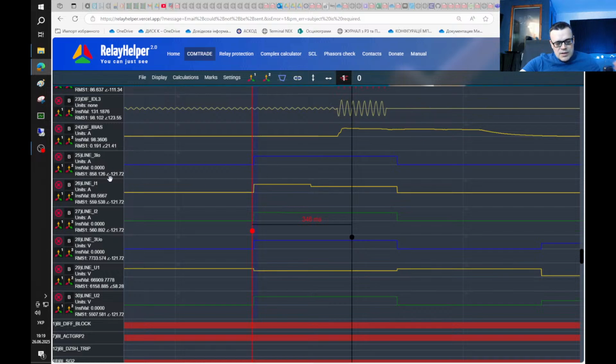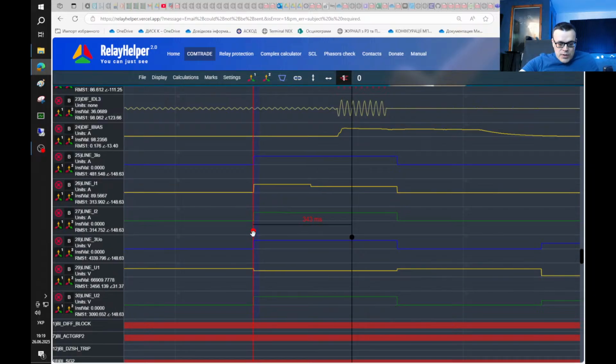So he added zero sequence current RMS value, positive sequence current RMS value, negative sequence current RMS value, and also voltages of different sequences.